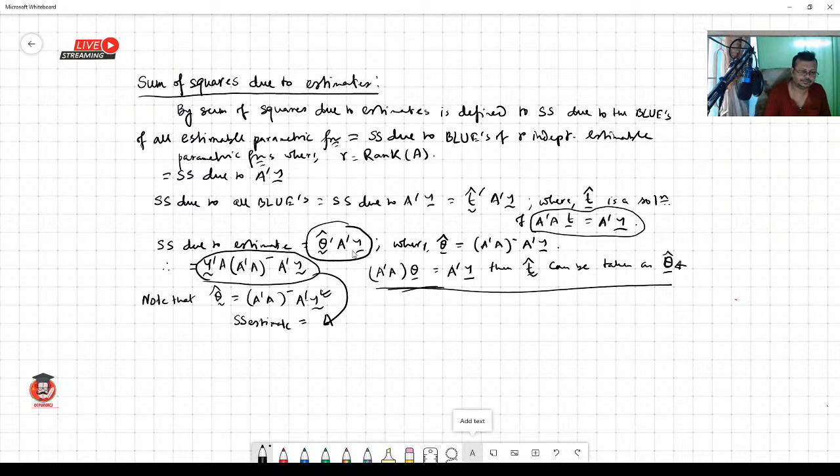Again, A (A prime A) g-inverse A prime, we already know, is a projection operator of y on the column space of A.